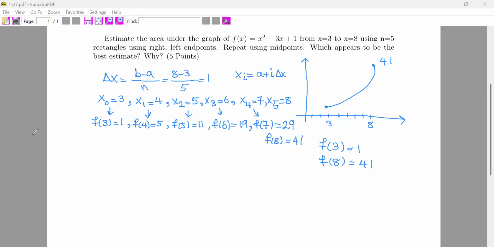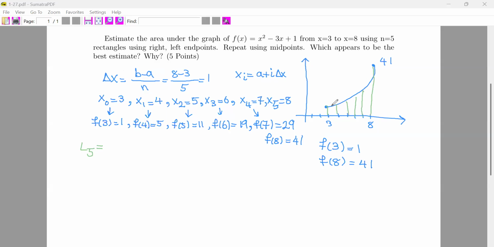Now, for the first part, we are going to find the area using left endpoints. It means L sub 5. According to the formula, that would be the limit of the sigma, but here we are going to use rectangles. So using delta x, these are the rectangles with a width of 1.